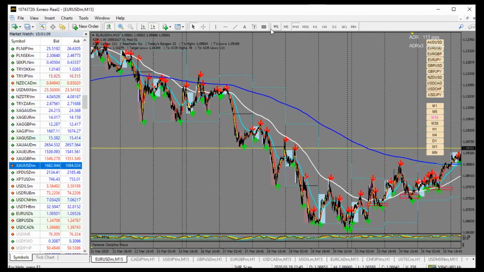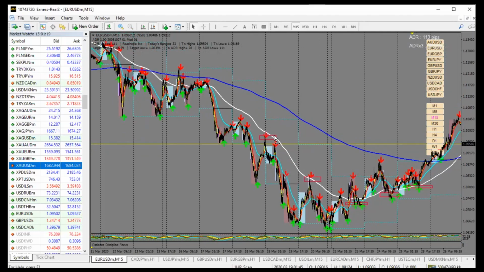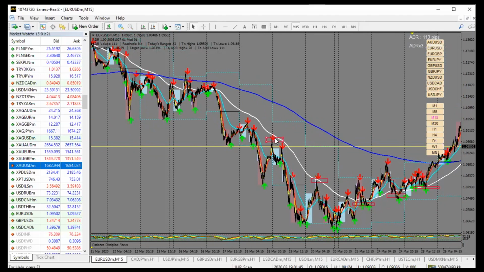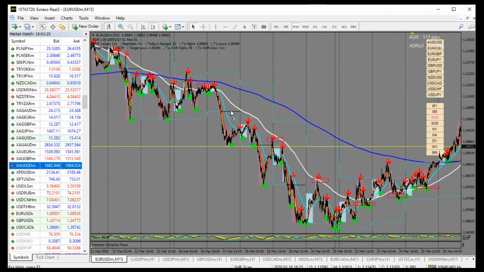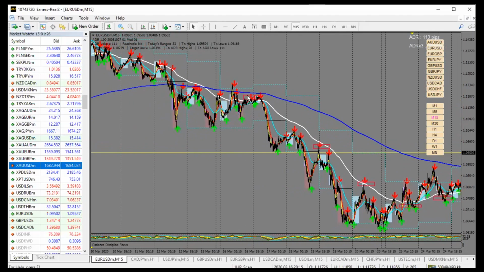Look at that. Forming at the 200 EMA. This one goes to the 800 EMA.